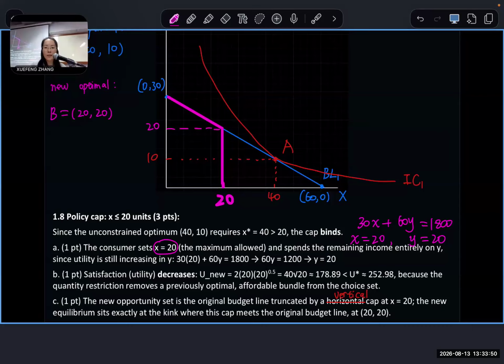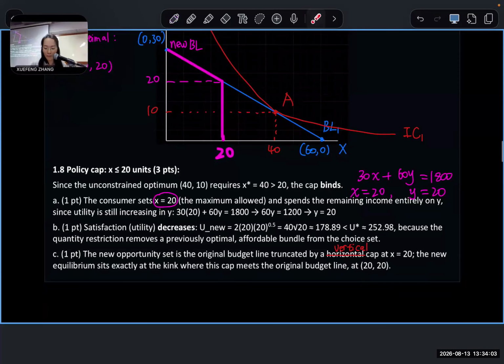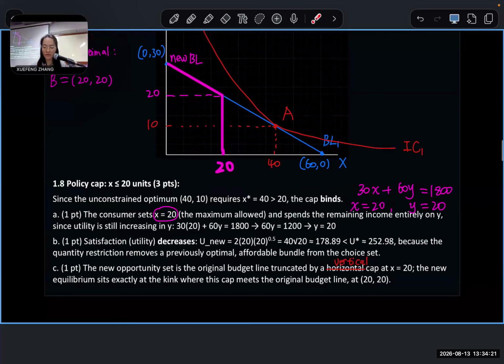And because of the new budget line, the pink one is the new budget line. So the consumer's utility, let's see. Okay, so this one point. You need to tell me what is y equal 20. You got it? Next one, satisfaction, which is the utility decreases. You plug in (20, 20) into the utility function, right?